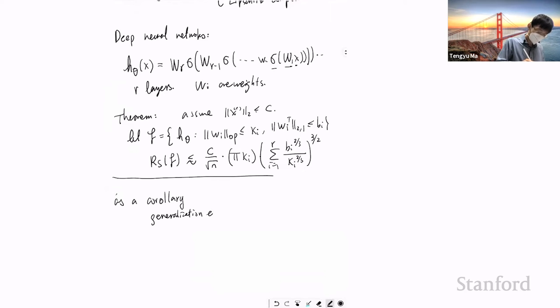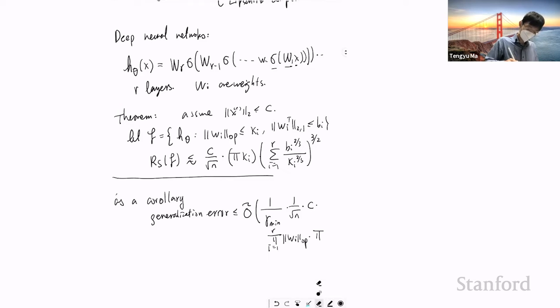But roughly speaking, the generalization error is less than O tilde of 1 over the margin times 1 over square root n times C times the product of the operator norms times this quantity, times the norm.